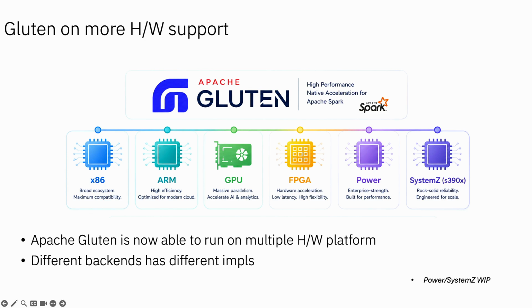But there are also some other platforms we are working on, for example FPGA, Power and System Z. IBM is contributing on the Power and System Z support, and I know some engineers from China are working on the local ARM CPU support. So this is a great complement for the community. We could attract more developers and more interest to the Gluten project.